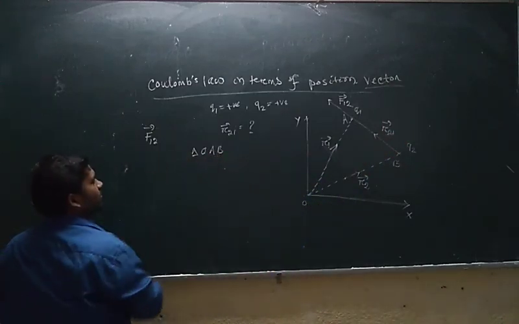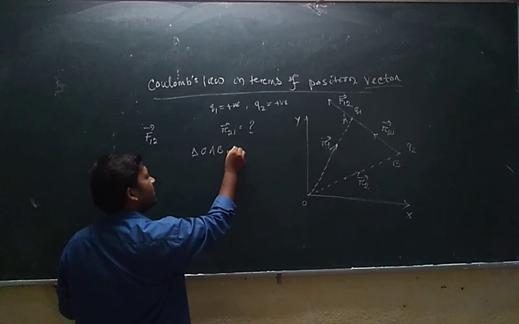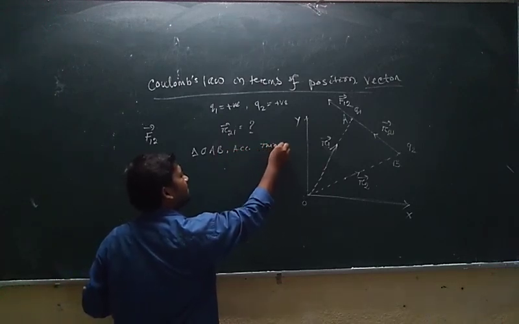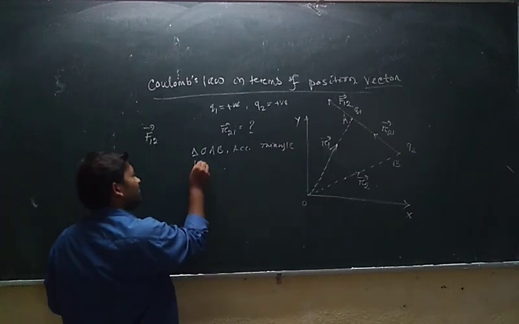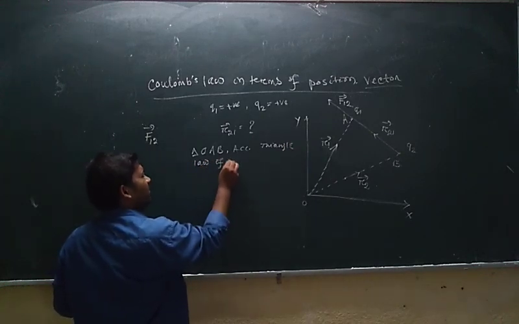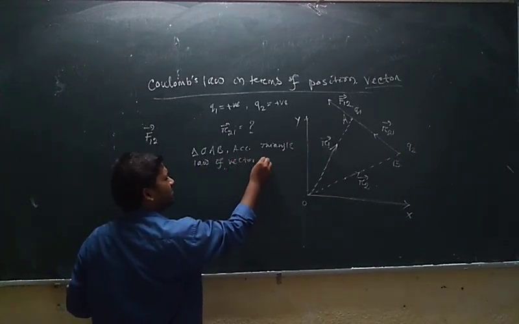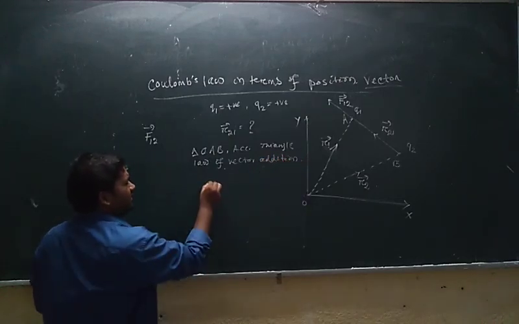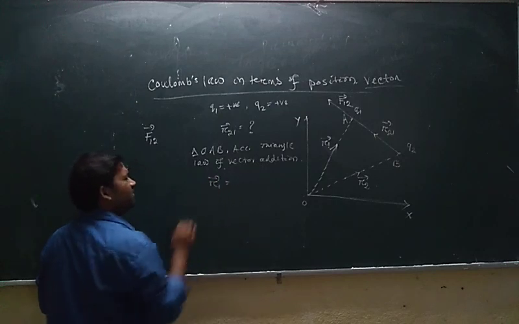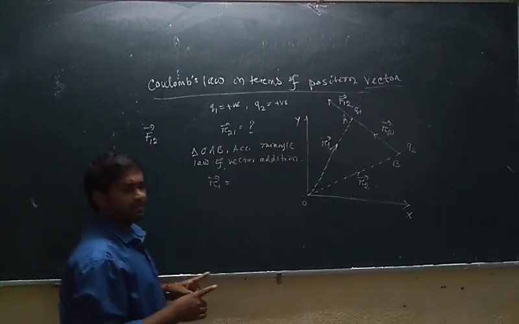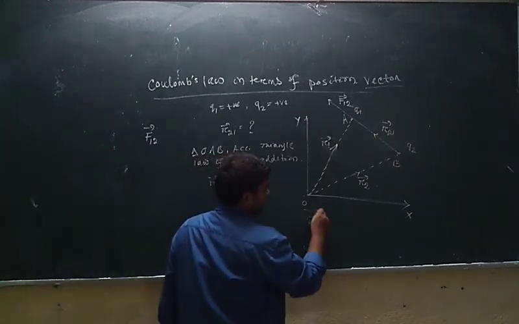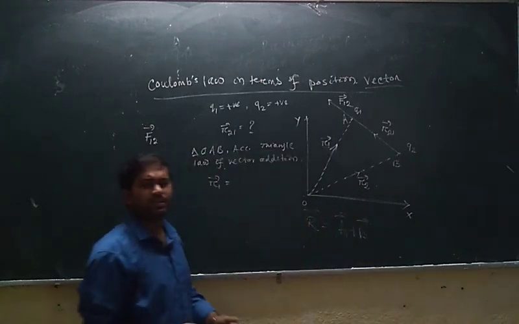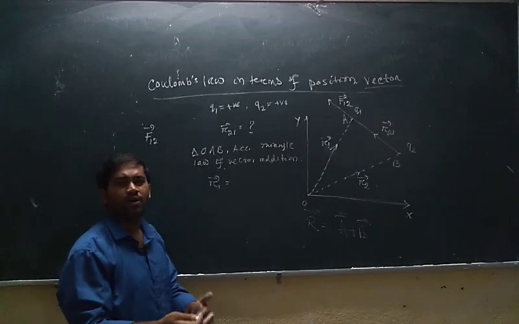So in triangle OAB, according to the triangle law of vector addition, the resultant is the R1 vector. The triangle law says R vector equals A vector plus B vector, that means the resultant vector is equal to the addition of the other two vectors.